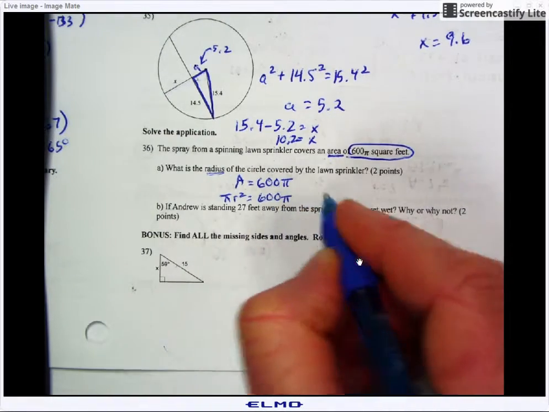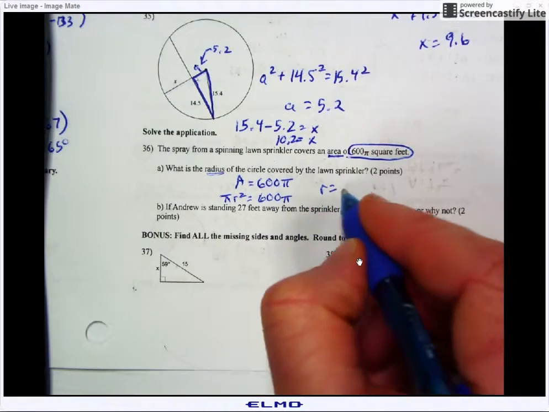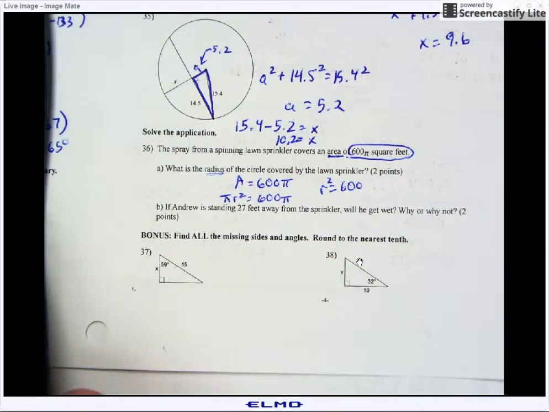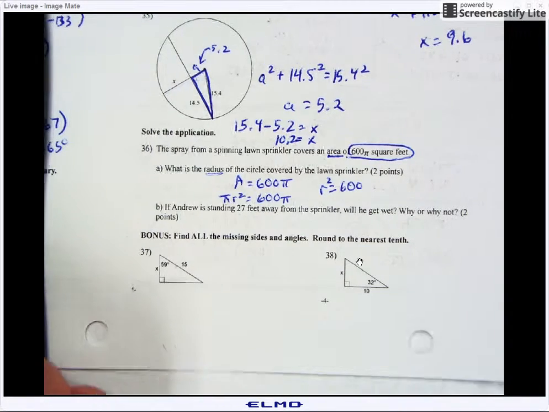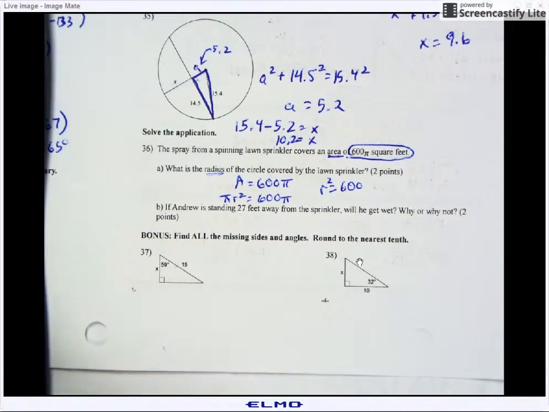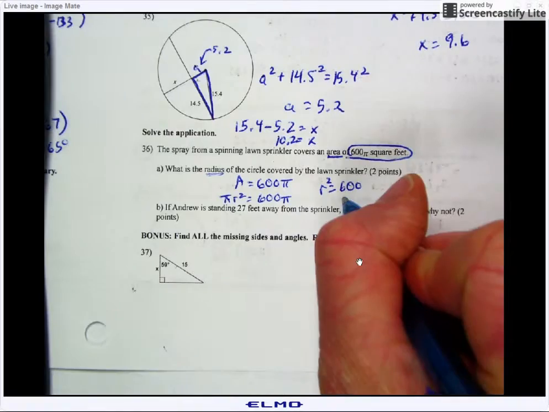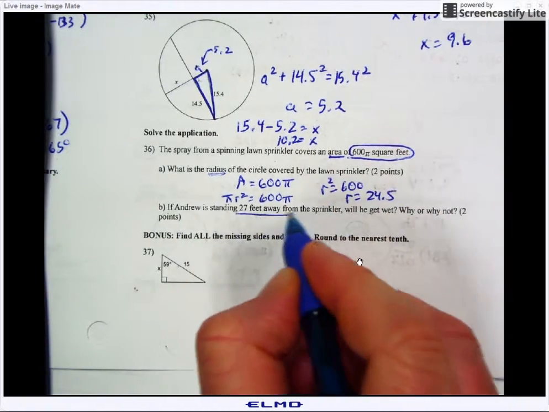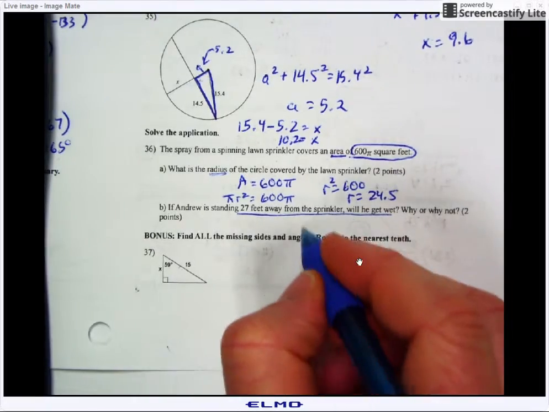Well, pi goes away. If you divide both sides by pi, you get r squared equals 600. To undo the squared, you take the square root. So I'm going to take the square root of 600, and that gives me my radius. The radius is 24.5. If Andrew's standing 27 feet away from the sprinkler, will he get wet?